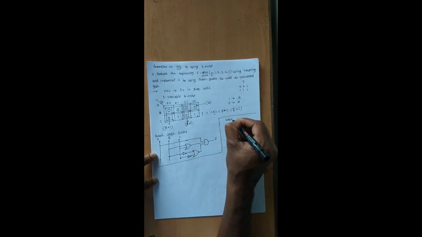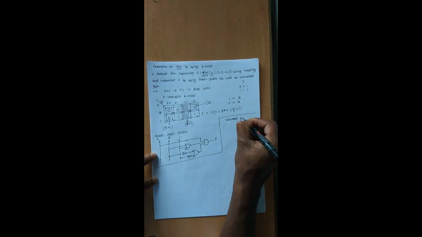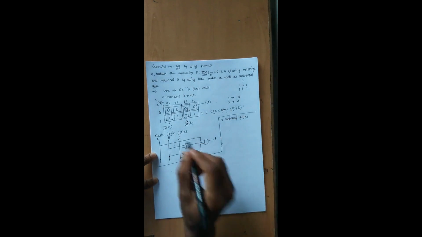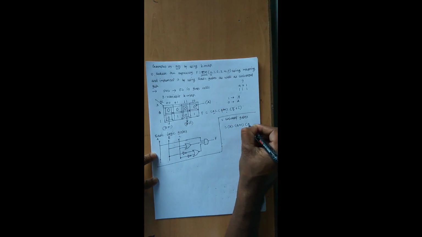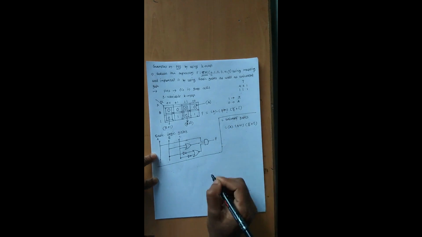By using universal gates, first write down the equation as it is: A, B plus C, B bar plus C bar. Okay.